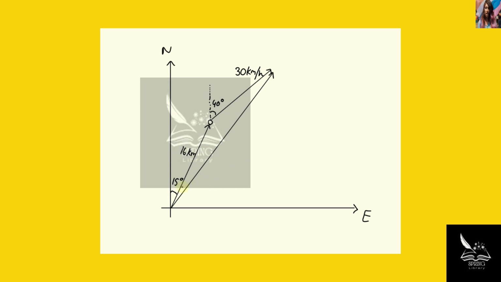Let us call this angle phi, and let us call this bearing angle theta. So this angle is theta, and this speed is 58 kilometers per hour. Now if I extend this, this angle will be 15, and this will be 40.